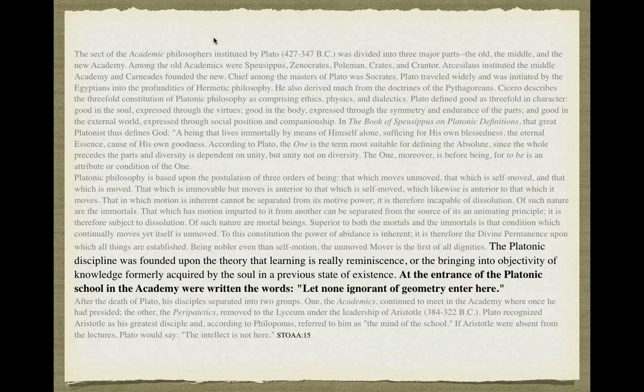The statement, let none ignorant of geometry enter here, suggests a couple of possibilities. First, most obviously, within the academy, higher math was studied and practiced, thus requiring geometry as a prerequisite. That's like when you go to college, you have to have done arithmetic before you could do algebra. But it was also possible that the mental discipline necessary for understanding geometry was considered prerequisite for understanding other disciplines, including philosophical thinking.